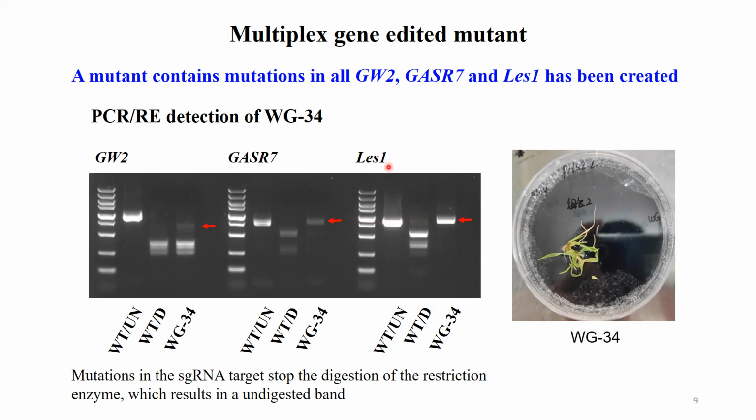You can see from this part, the target sequence of the LAS1 gene could not be digested, which means there is a mutation. And similarly, we get undigested bands from GASA7 and GW2. Those data indicate that GW2, GASA7, and LAS1 in this mutant WG34 have all been mutated.